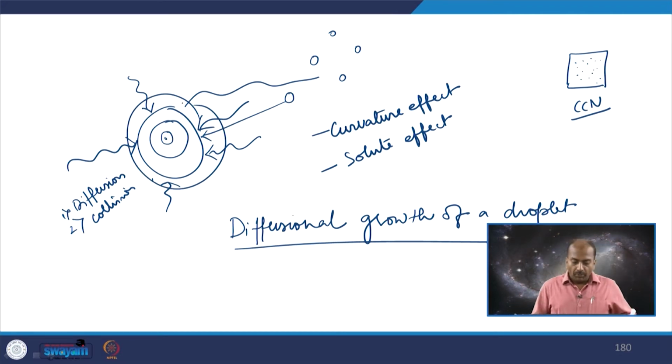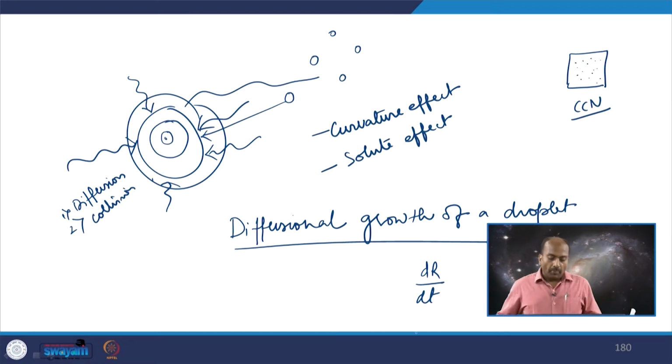So, today we will see how the radius of a droplet will change with respect to time. We are going to obtain an expression for the rate of change of the radius of a droplet with respect to time. Eventually, we are trying to look at how the droplet will grow in size with respect to time, right.